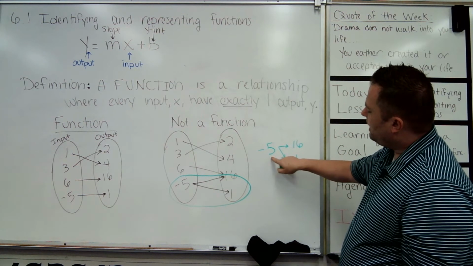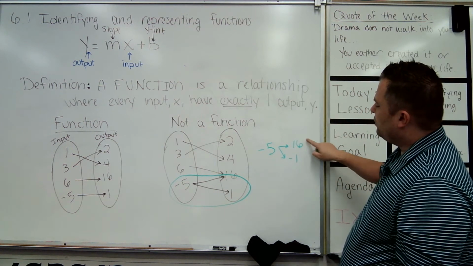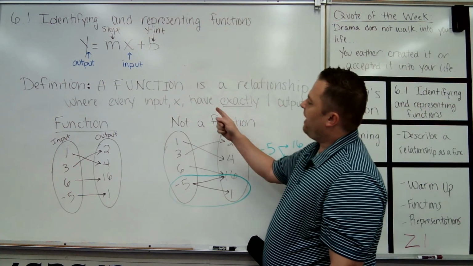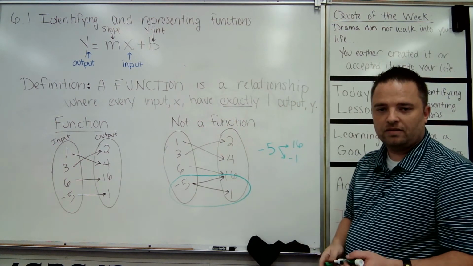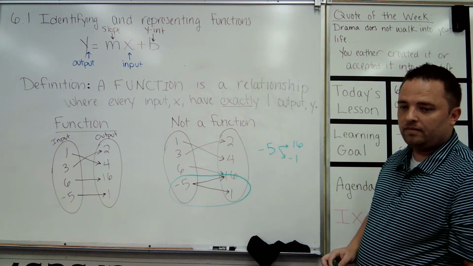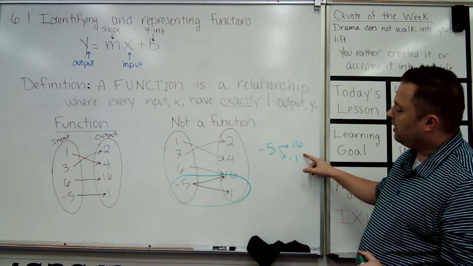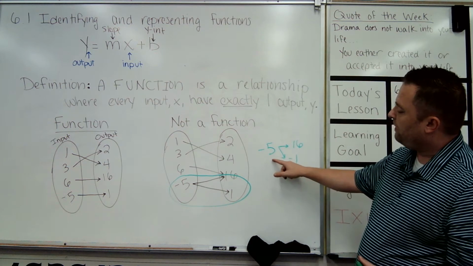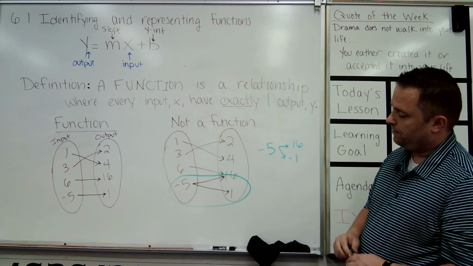When I put in one input, it produced 2 outputs. That does not fit my definition. I need every input to produce exactly 1. This mapping is not an example of a function because the number -5 produced 2 outputs.